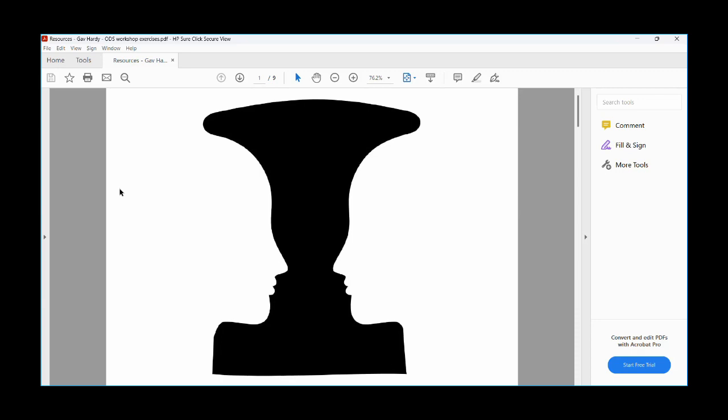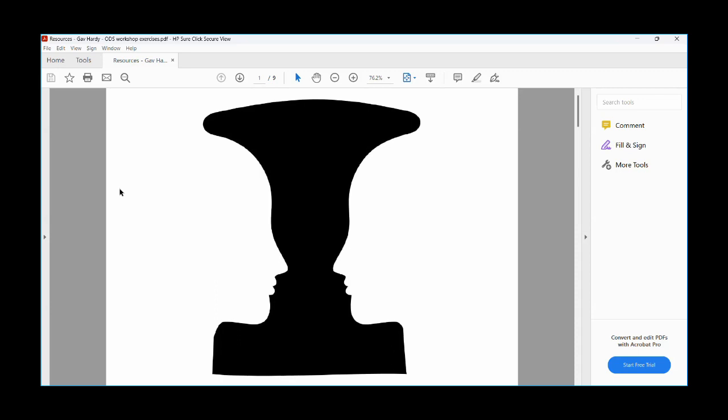and while you're looking at this, you're probably going, is it a vase or is it a face, or is it two faces on the left side and the right side? So it's a very famous experiment in neuroscience, looking at how we perceive objects.